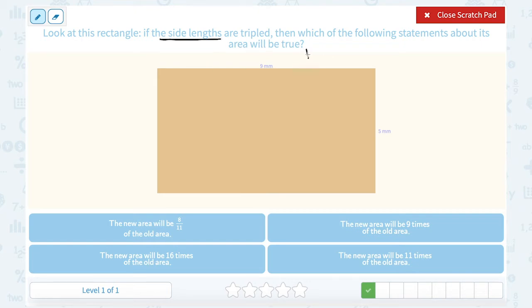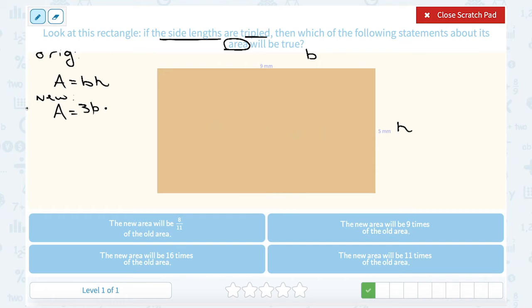So let's say we call this base times height again. The original area would be found by saying base times height. Well, if we took whatever the base is and multiplied it by 3, if we triple it, the new one is going to be 3 times whatever that base was, 3b.